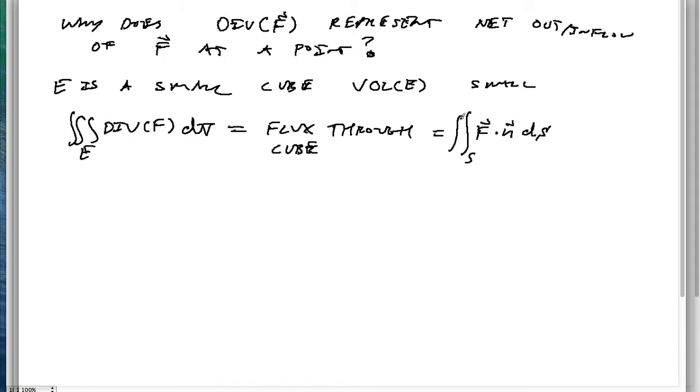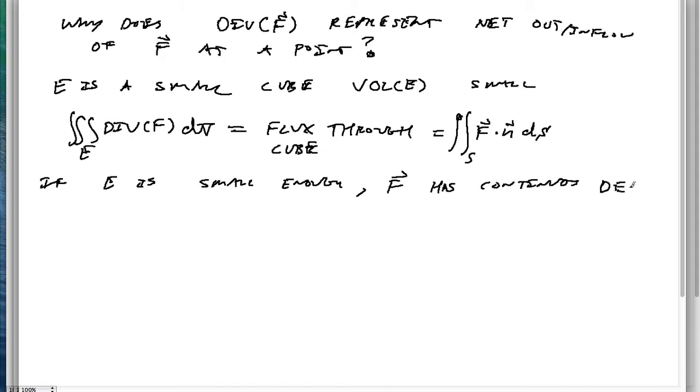Okay, so now if E is small enough, and recall that we need that F has continuous derivatives. So when we say F has continuous derivatives, that means that over the region of E, which is really small, the derivatives of F won't change very much.